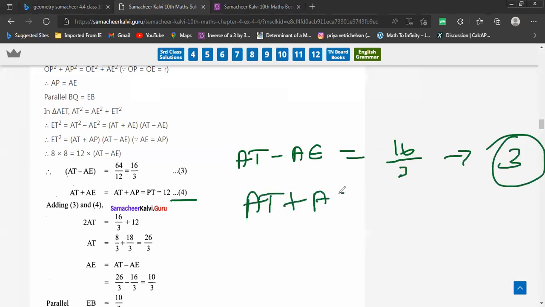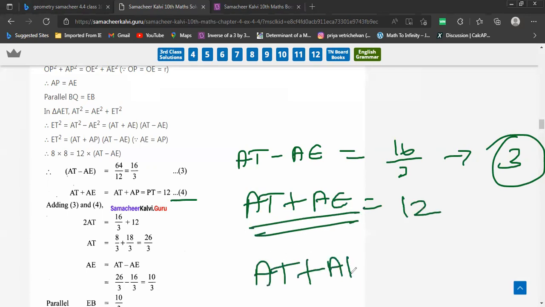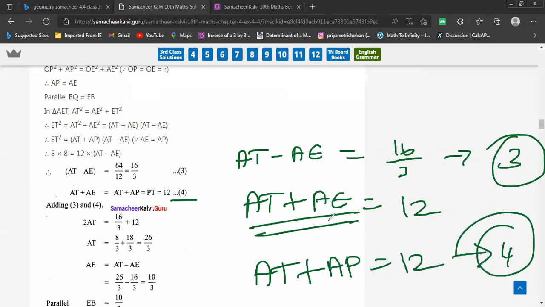AT plus AE is 12, which can be written as AT plus AP equal to 12. This is equation 4. So if you add these equations, you'll be able to cancel the values of AE. You can change this also as AP because AE and AP are equal.